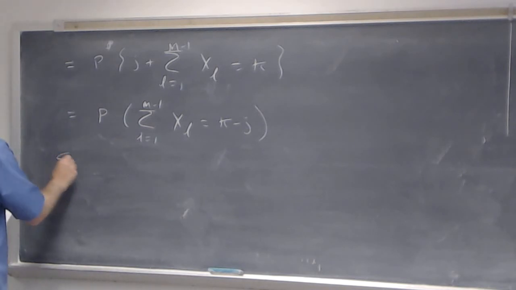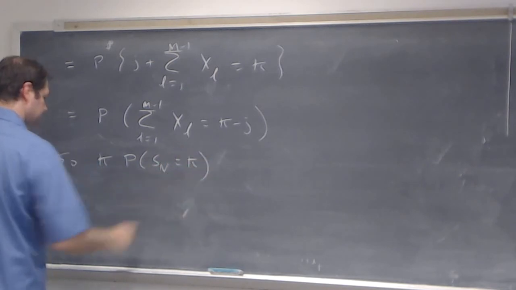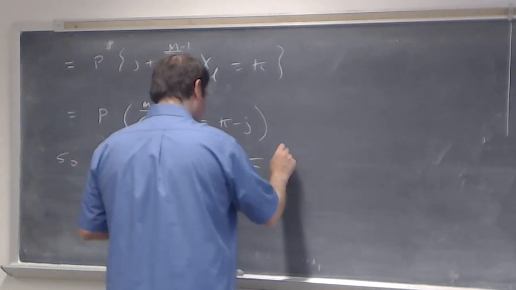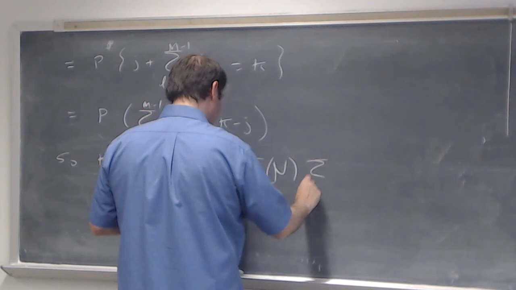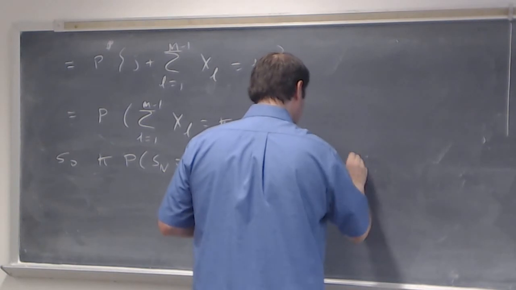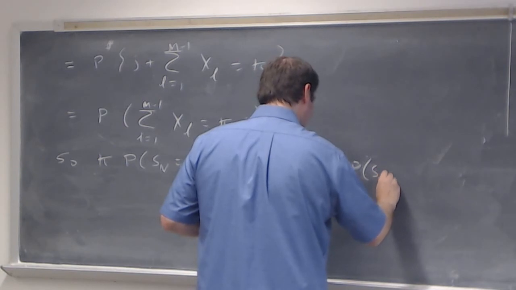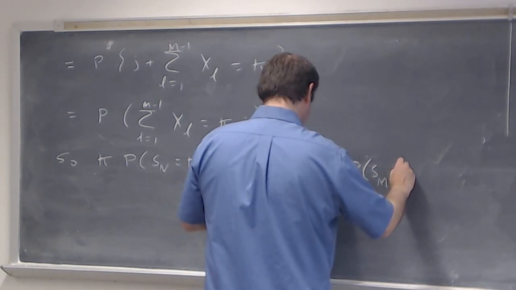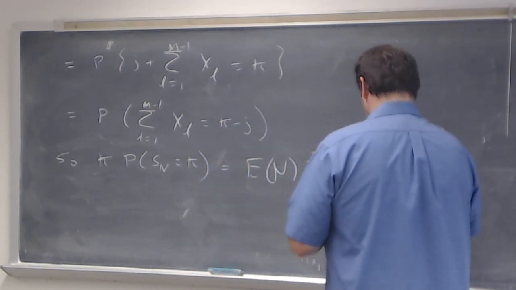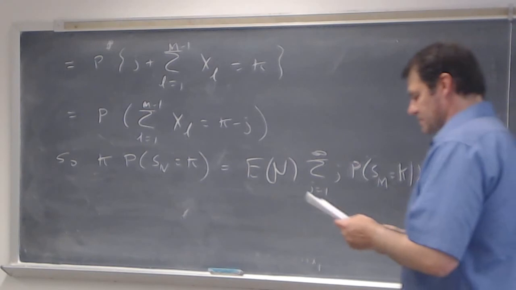So, k times the probability that S of N equals k is what we were working with. That's equal to the expected value of N, so here's where we are, times the sum as j runs from 1 to infinity of j times the probability that S sub M, big M, is equal to k, given X sub 1 equals j, times alpha sub j, that's where we were at some point.